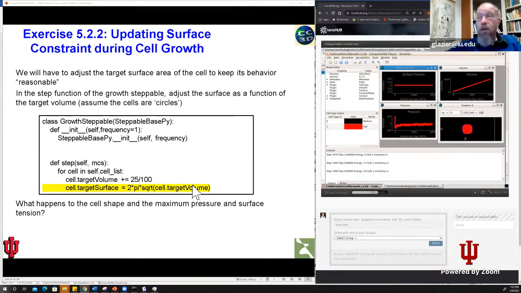So they're not all exactly the same. If I increment target surface at a constant rate, that's going to increment faster than this would because this is going as the square root of the volume rather than the actual volume. So this is actually growing a little bit slower. So there are a variety of solutions that one can play with.